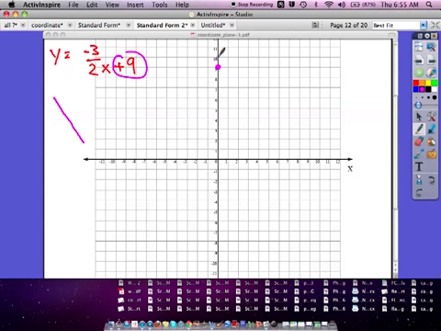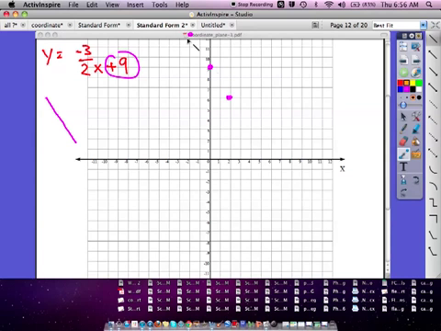So let's go up 3, 1, 2, 3, and to make it negative, we're going to have to go this way, 2. And then I just have to follow the pattern in the opposite direction. And if we got those 3 points, that's probably even all we need here. We'll go down through this, and there's our line right there. Okay, good. All right.